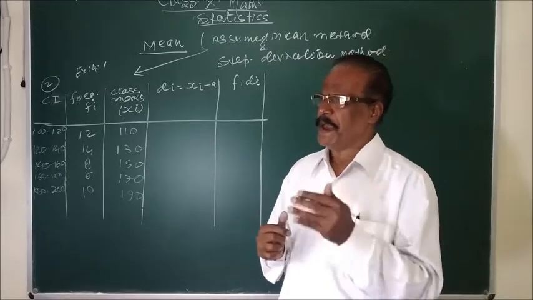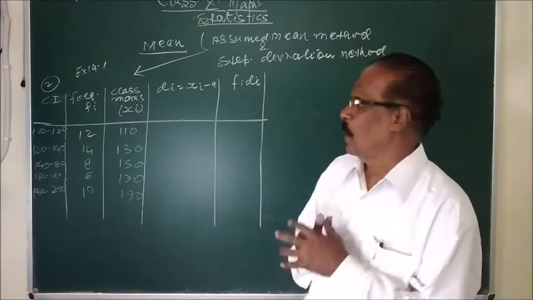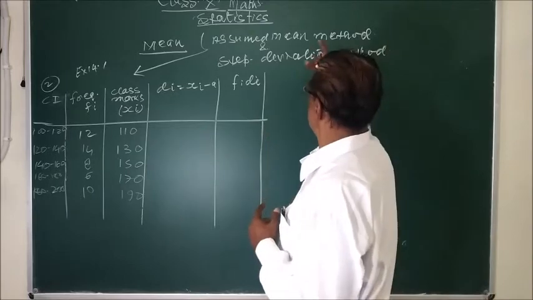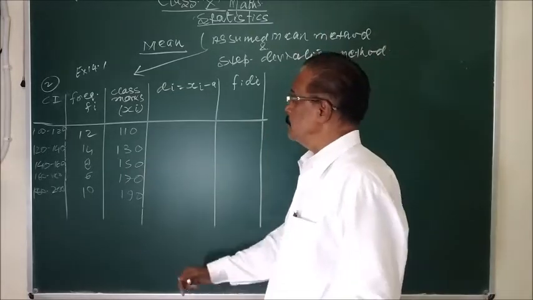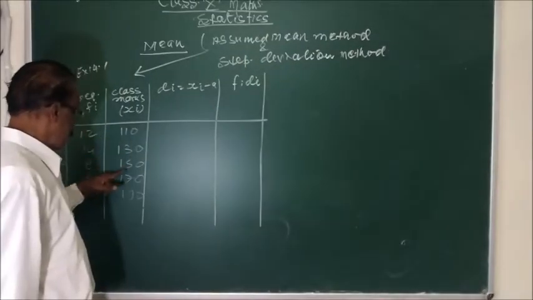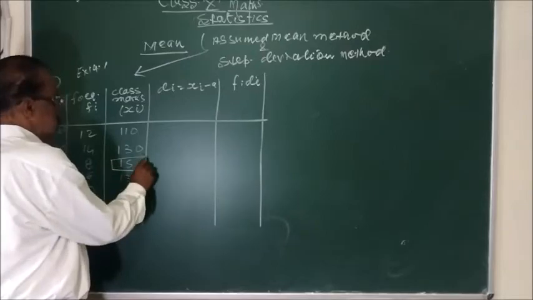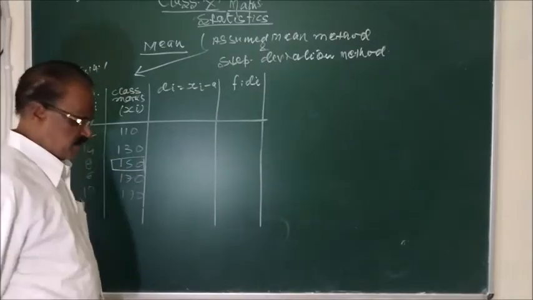So to make it easy and very short, we use the assumed mean method. Now you see the class marks, there are 5 observations. So this is called the assumed mean.